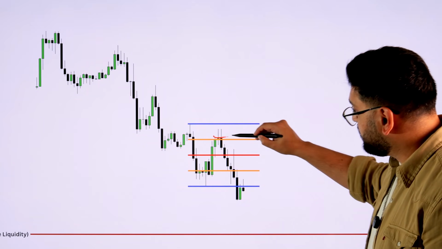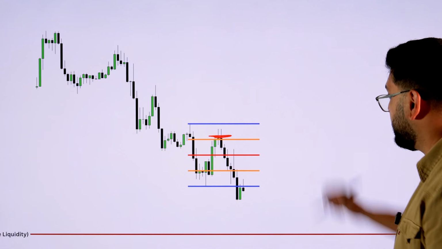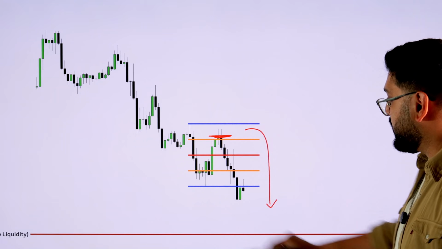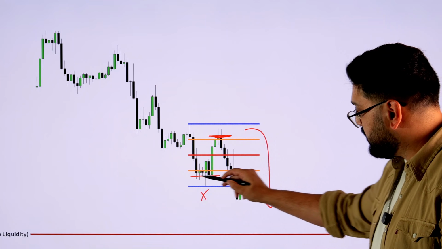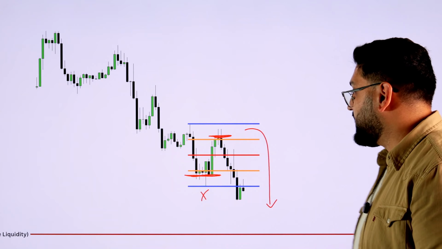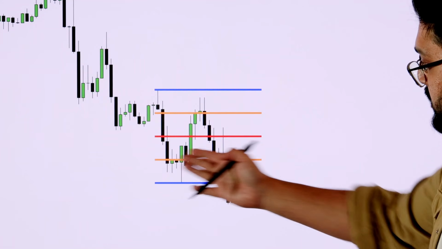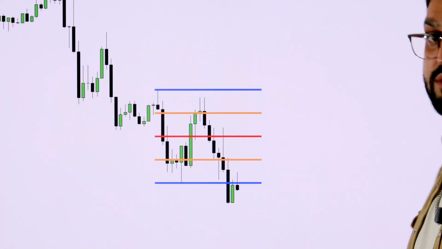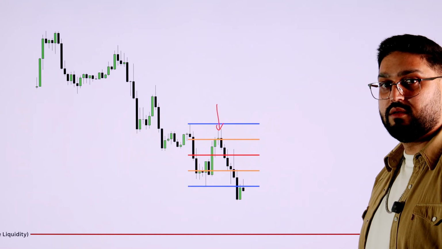Again, notice the candles here, the bodies, really struggling to get back above that 25 DRT level, and then we see price turn around and attack the lows below the market. Look at all the bodies here. Below that is going to be a really big pool of sell side liquidity. Now, look carefully here. Can you see any swing high to the left that has been raided with this swing high?